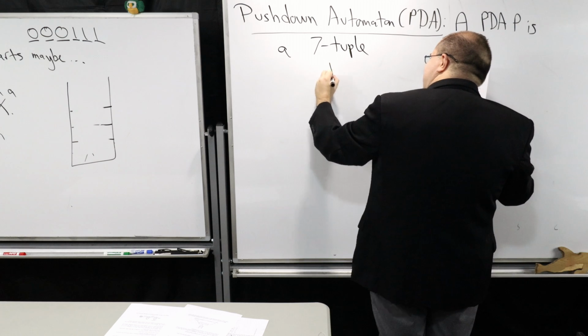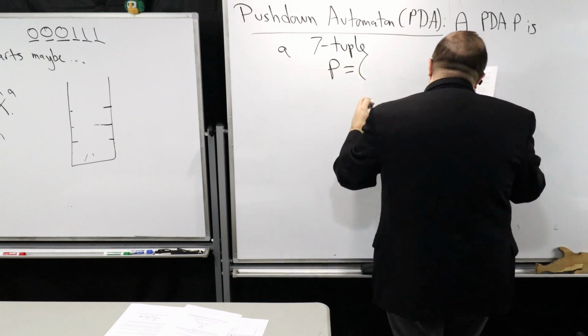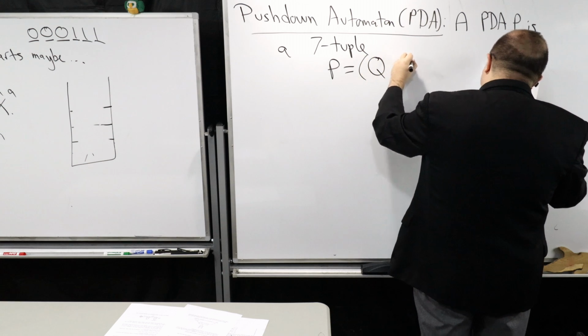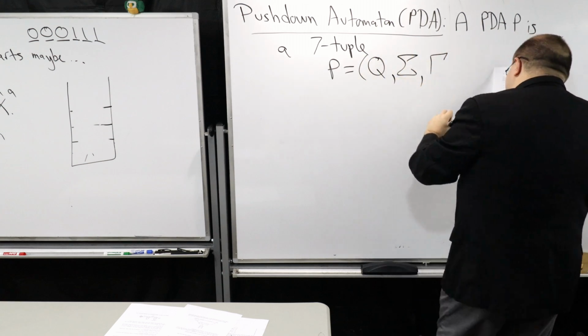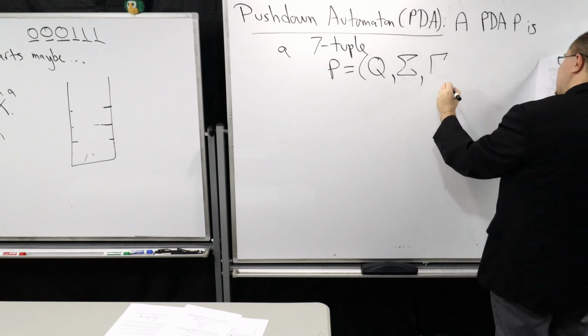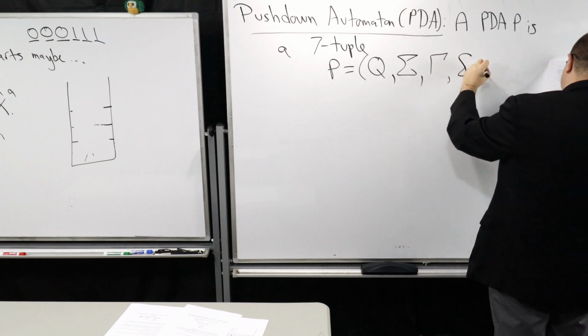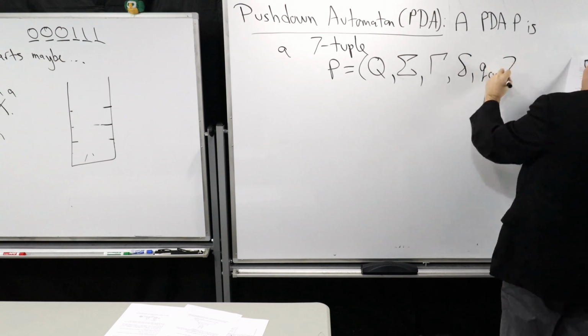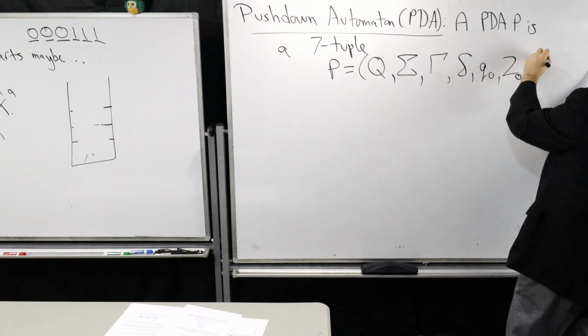P is equal to Q, Sigma, Gamma, that's new, capital Gamma, then we have Delta, and we have Q0. We're going to have one called Z0, and F.